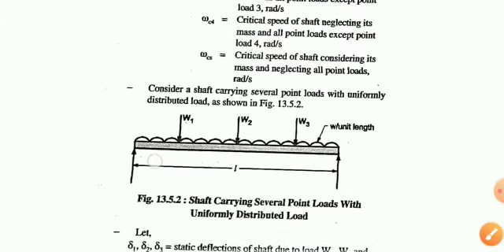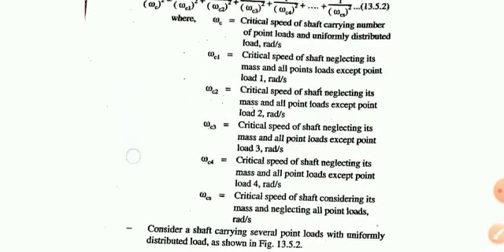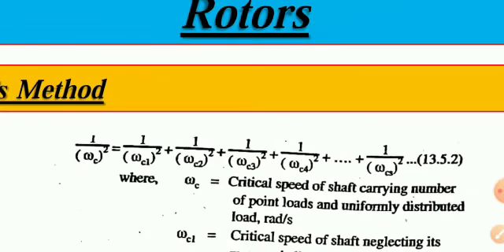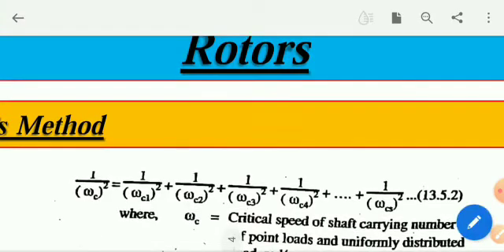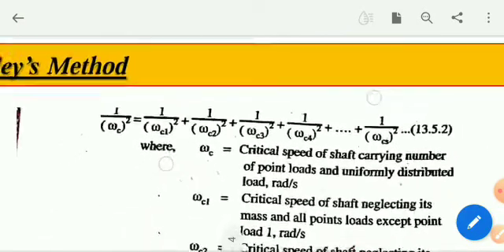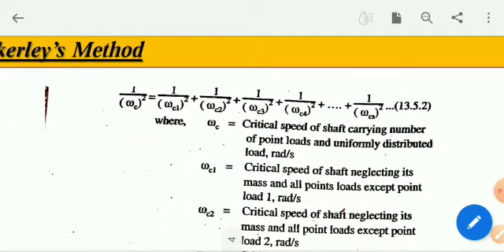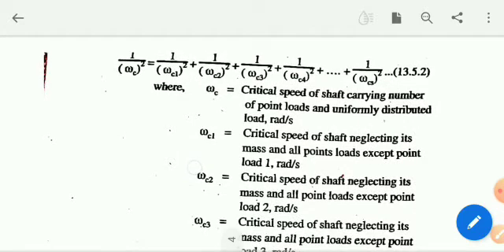So we will get 1 upon omega c squared is equal to 1 upon omega c1 squared plus 1 upon omega c2 squared, same way up to 1 upon omega cs squared. So what is omega c? It is the critical speed of the shaft carrying a number of point loads and a uniformly distributed load, while omega c1 is the critical speed of the shaft neglecting its mass and all point loads except load 1.